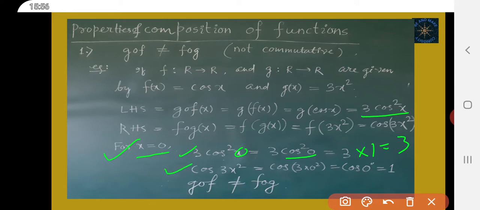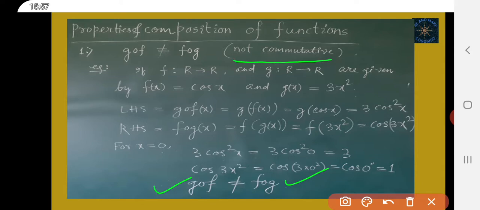And RHS is cos 3x square, so x is 0, 3 into 0 is 0, so cos 0 is 1. Now you see this value and this value, they are not equal. That's why here GOF is not equal to FOG. That means not commutative.